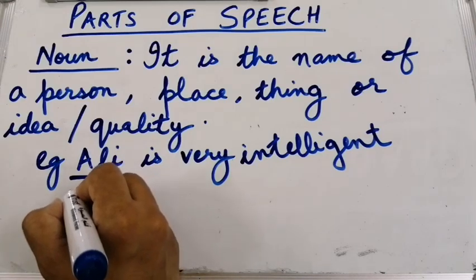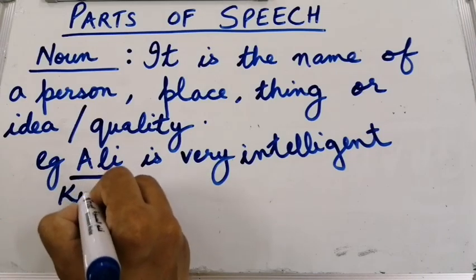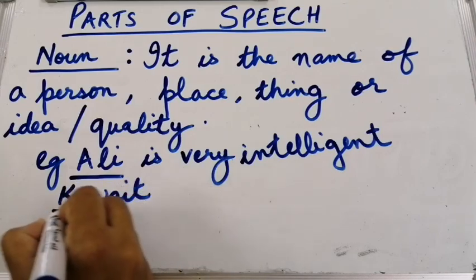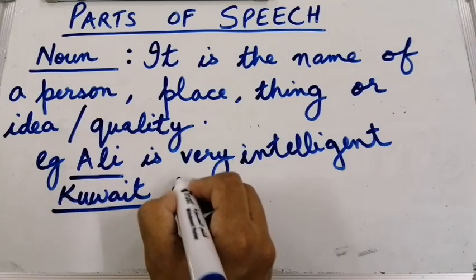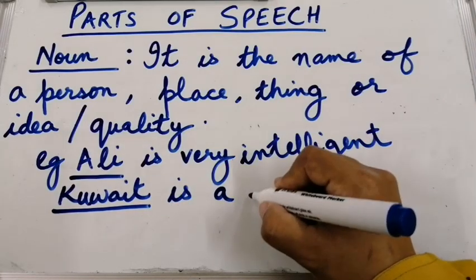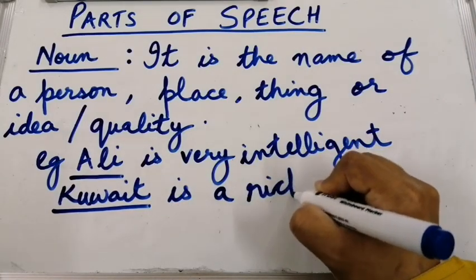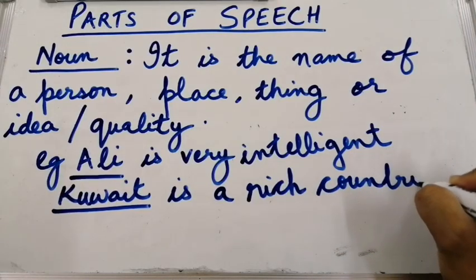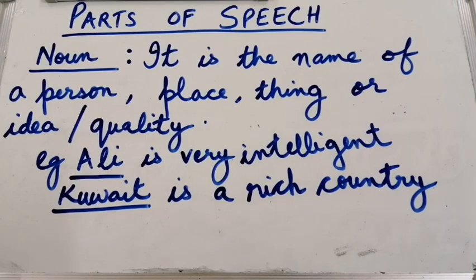And if I write here Kuwait is a rich country. Kuwait is a rich country. So Kuwait is name of a place. So that is why Kuwait is also a noun.